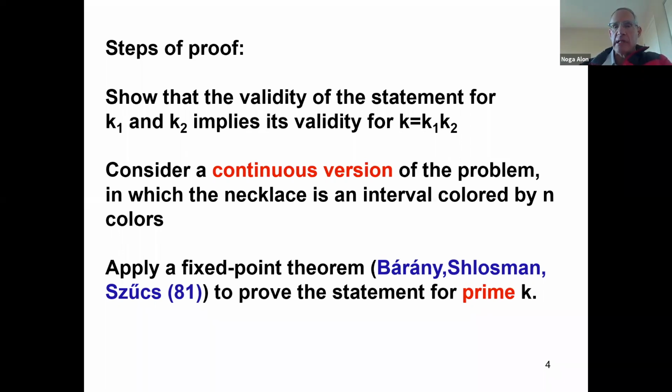So specifically in the original proof, what is used is a result by Bárány, Shlosman, and Szűcs. But there are some other known extensions of Borsuk-Ulam theorems that can be used as well. And one interesting point is that a topological result holds only for prime numbers k. The topological result is not true, in fact, for non-prime k.